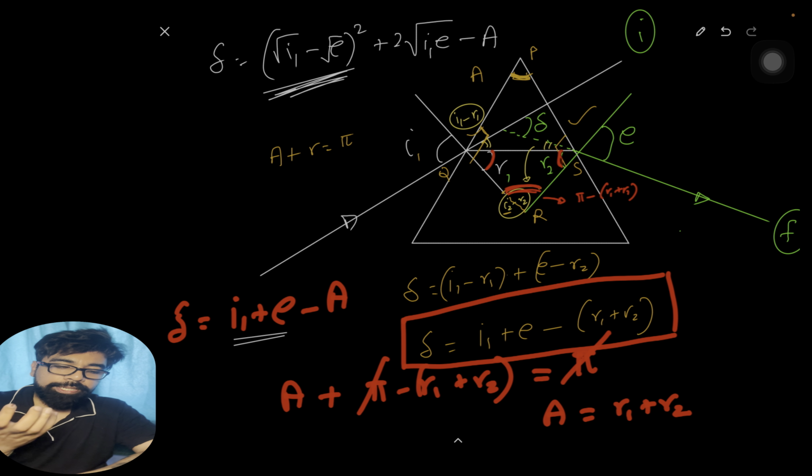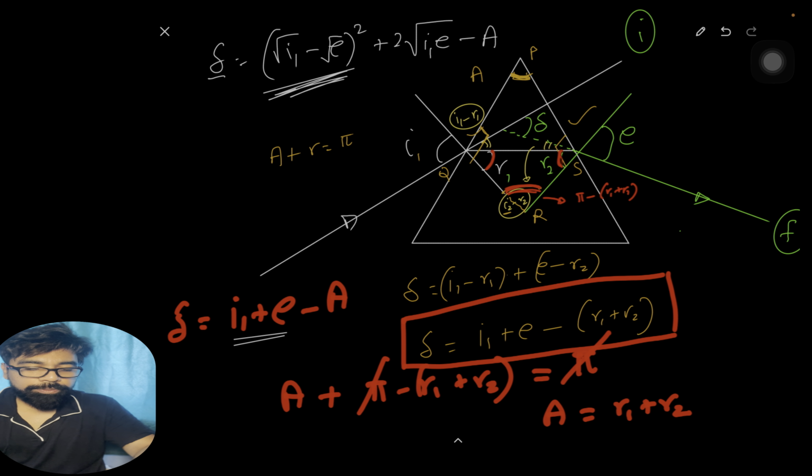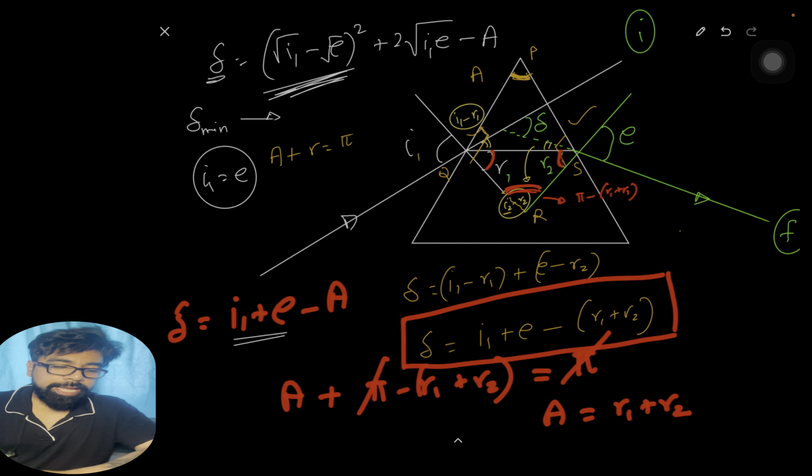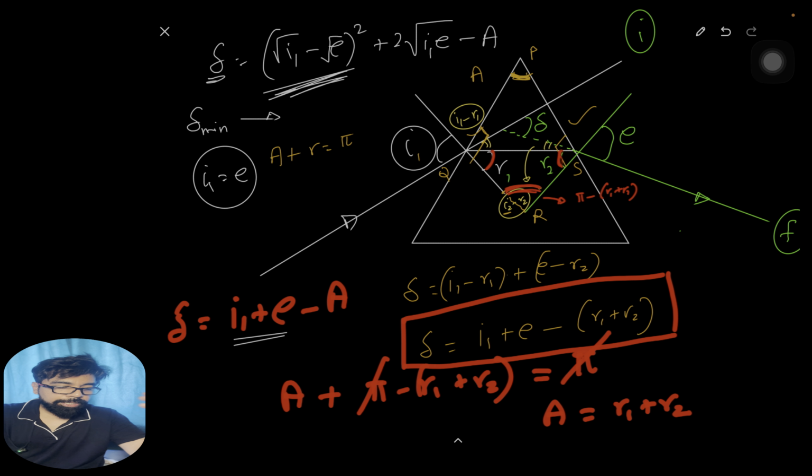So when the square becomes least, that means that square becomes 0, then your delta will be minimum. So what is the minimum deviation? The minimum deviation condition is that I1 is equal to E. The angle of incidence must be equal to angle of emergence. You can see easily that if I1 and E are equal, then from Snell's law, you can easily see that R1 is equal to R2.